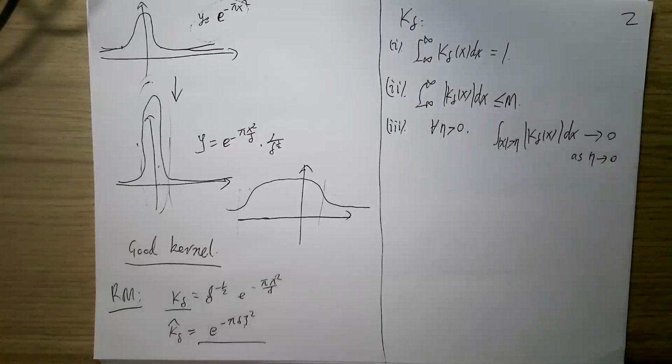So this is why we call this K delta another good kernel.